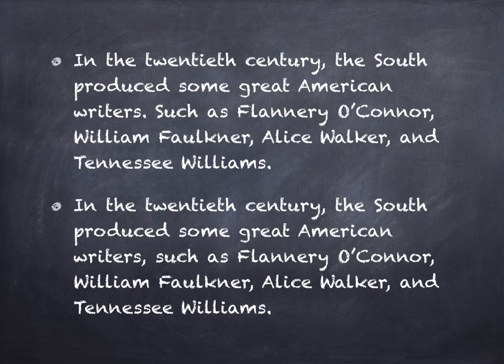You cannot do that. The best way to do this is to make it flow smoothly within the sentence next to it. In the 20th century, comma, the South produced some great American writers, comma, such as Flannery O'Connor, William Faulkner, Alice Walker, and Tennessee Williams. That has a smoother tone to it in writing.